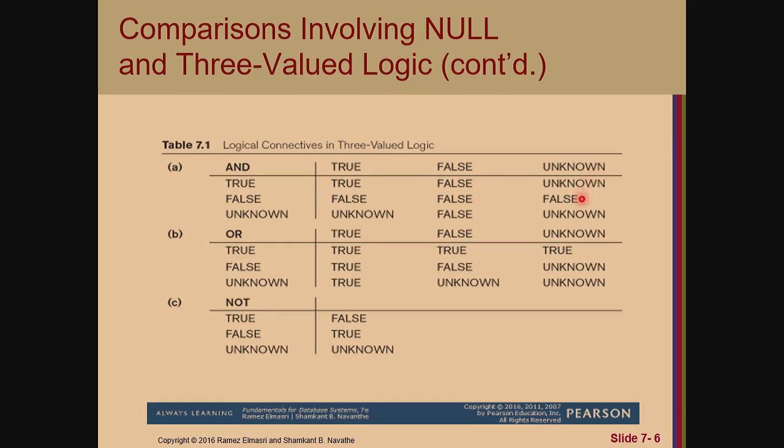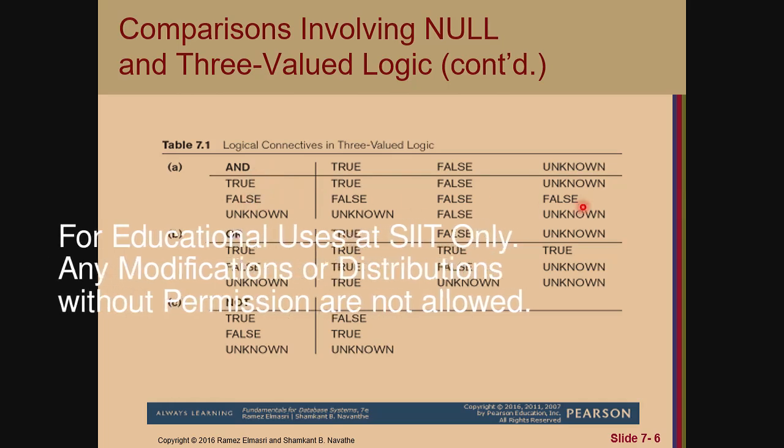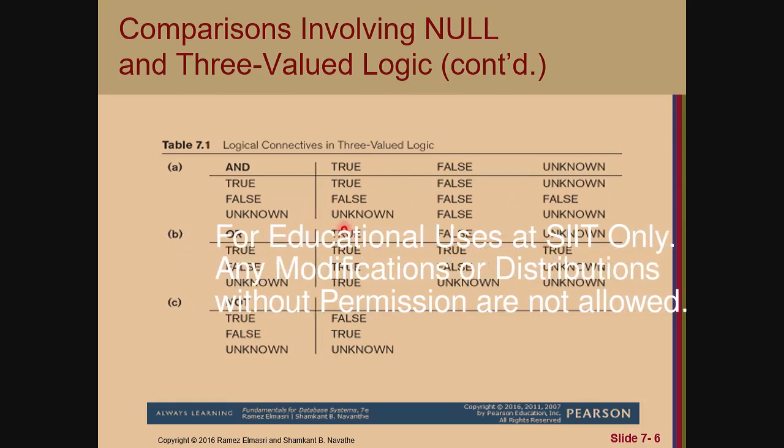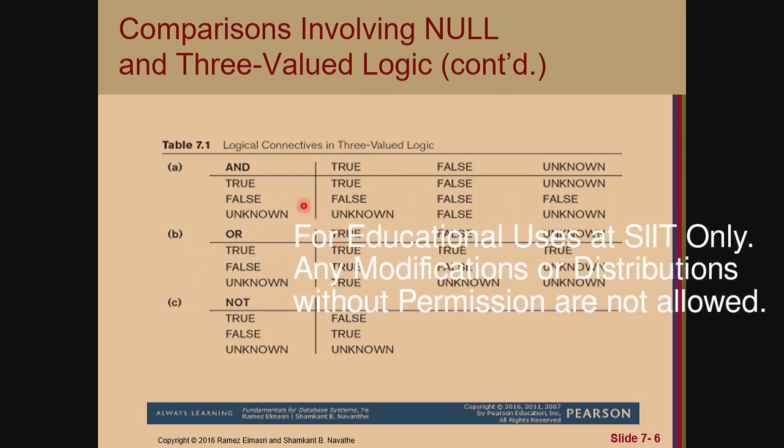Unknown and false becomes false. And unknown and unknown is just unknown. Okay, about AND operation. When you use AND, false is the most powerful. Always false if you have false in an AND operation.